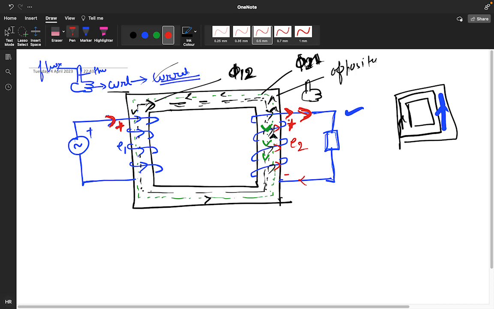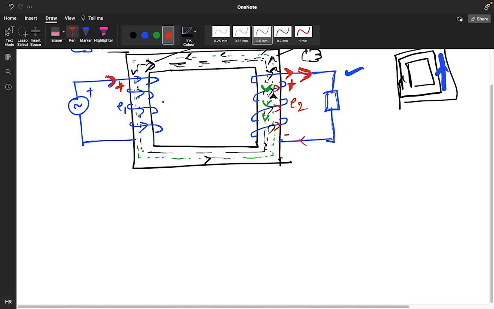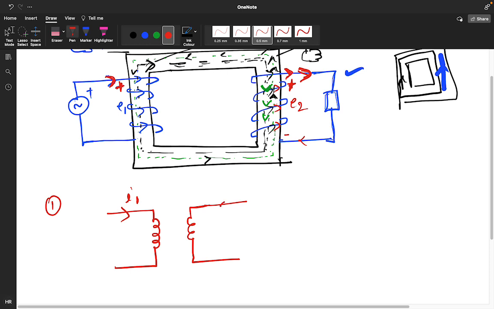Okay. Now, this concept, I think it's clear. See, this is your inductor, this is your I1, this is your I2.